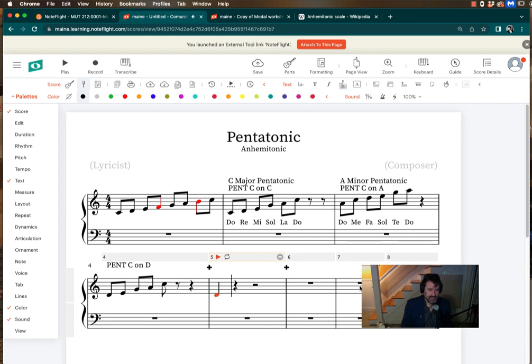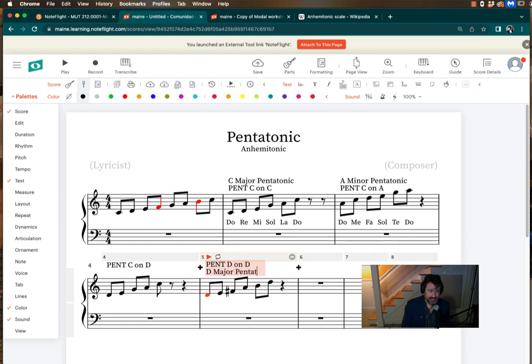So D major pentatonic, or pent D on D, would be Do, Re, Mi, Sol, La, and then back to D, right? That's pent D on D, and we'll call it D major pentatonic.